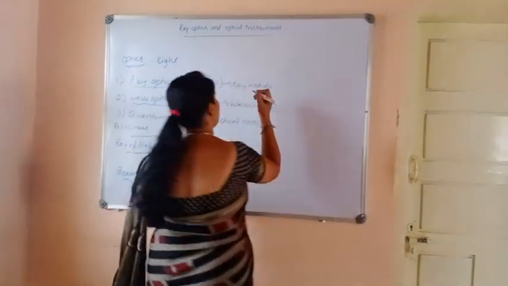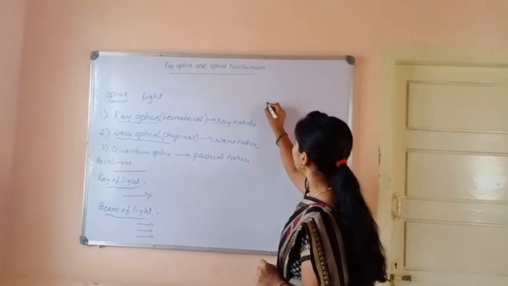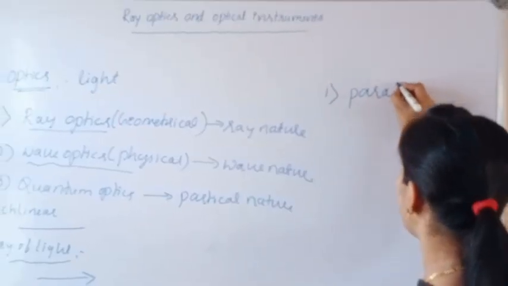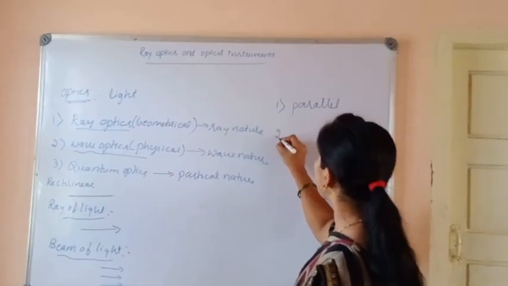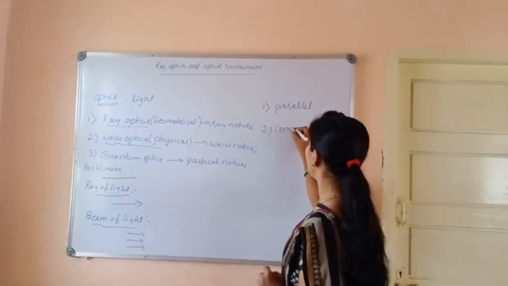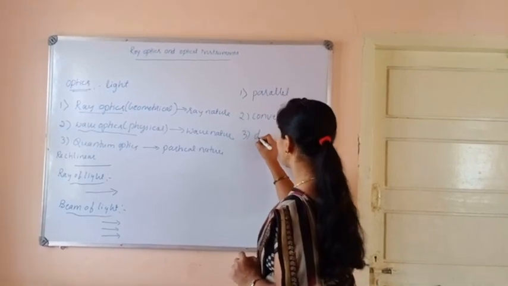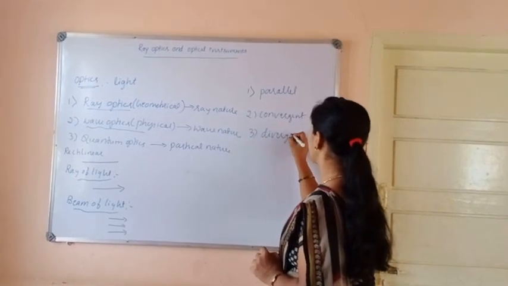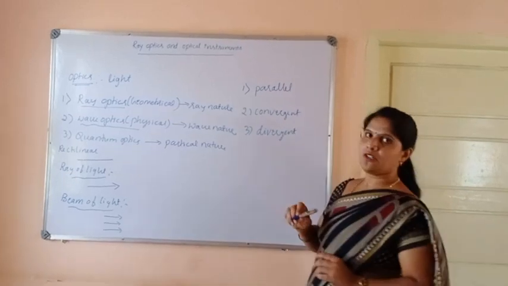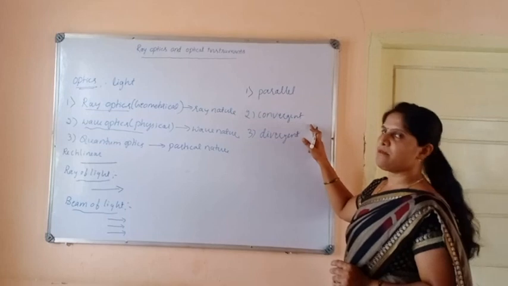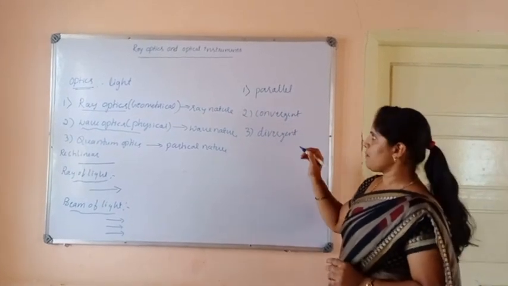This beam of light can be divided into three types. They are parallel beam of light, convergent beam of light and divergent beam of light.